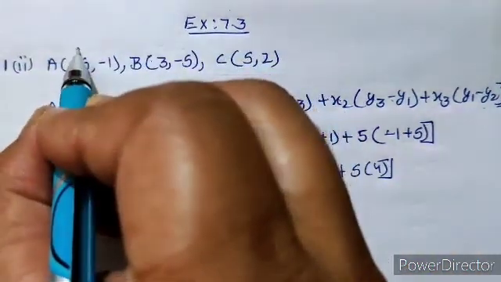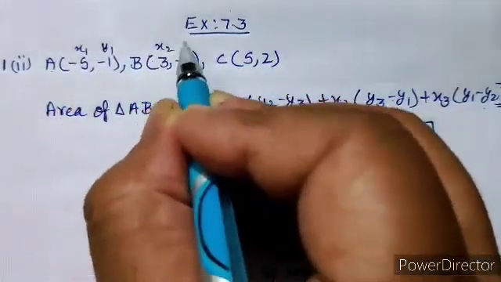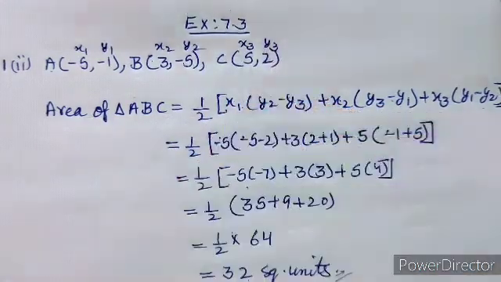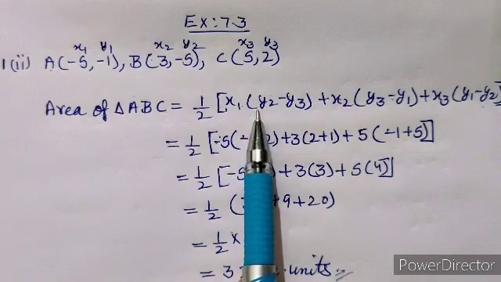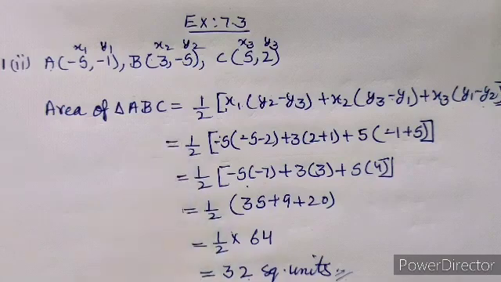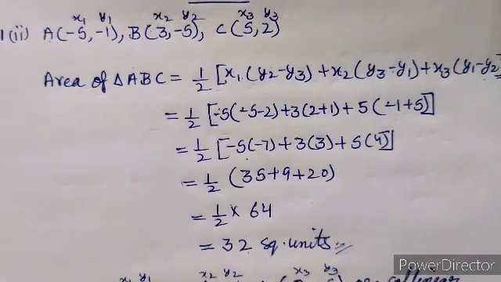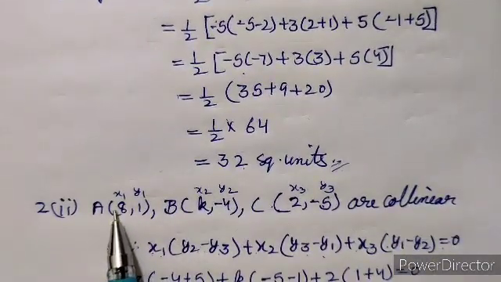Here we will take the coordinates of A as x1, y1, coordinates of B as x2, y2 and coordinates of C as x3, y3. Now putting the values, we are getting the area of triangle ABC as 32 square units.